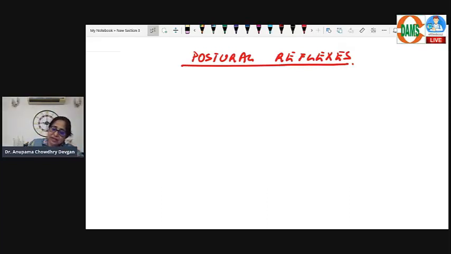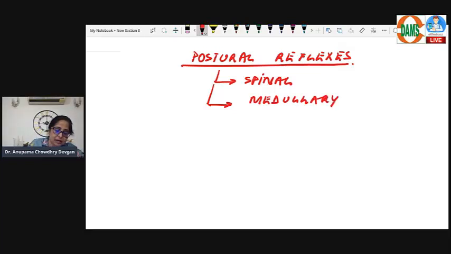Now, postural reflexes can be spinal, meaning the center is the spinal cord. They could be medullary, meaning the center is the medulla. Number 3, they could be midbrain reflexes, or there can be cortical reflexes.